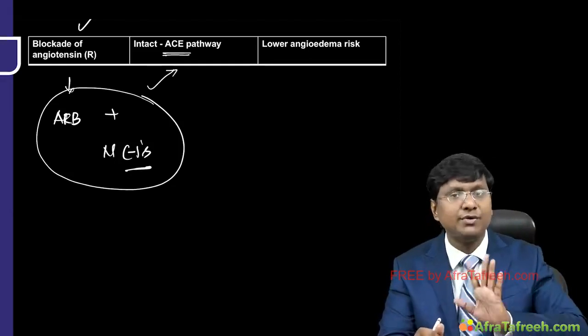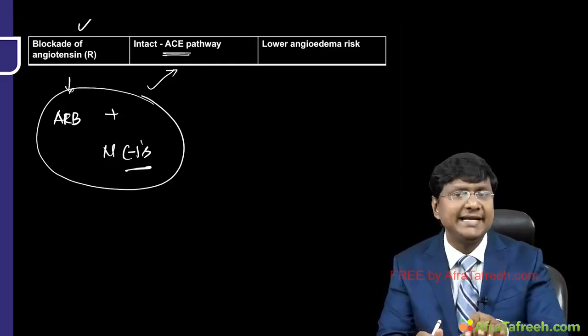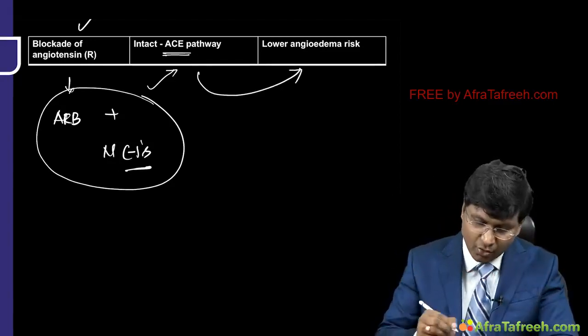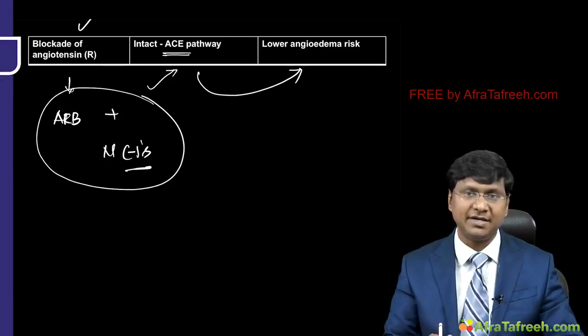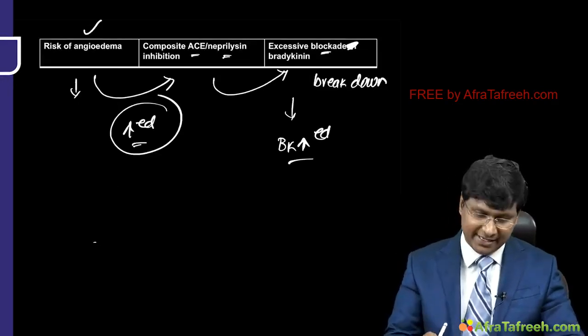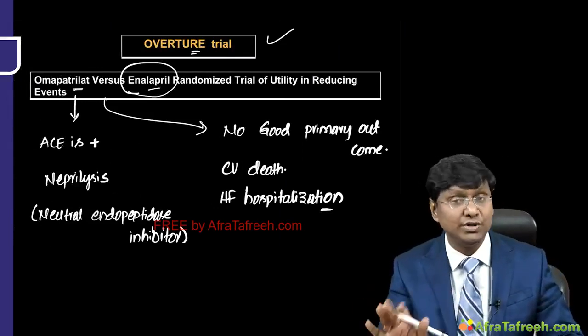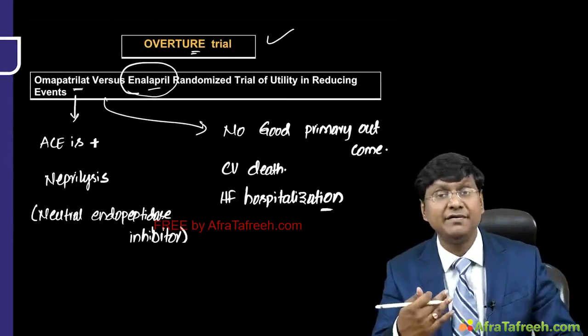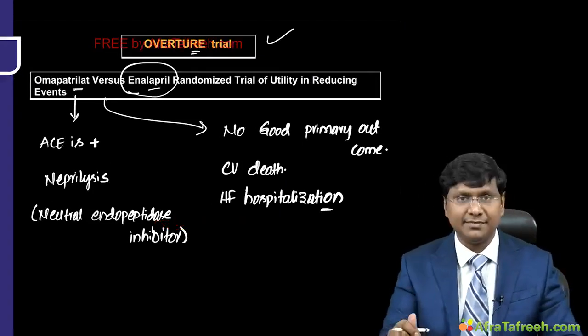It will not block your angiotensin converting enzyme. So there is lower risk of angioedema when you combine ARBs with neprilysin inhibitor, but don't combine the ACE inhibitors with neprilysin inhibitors. Don't do that. The risk of angioedema further increases. So that is your OVERTURE trial.